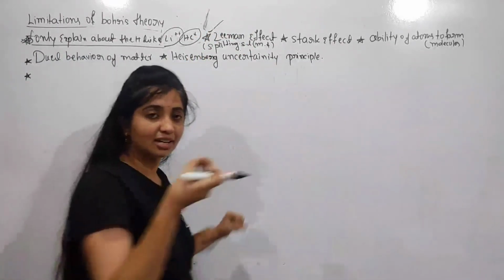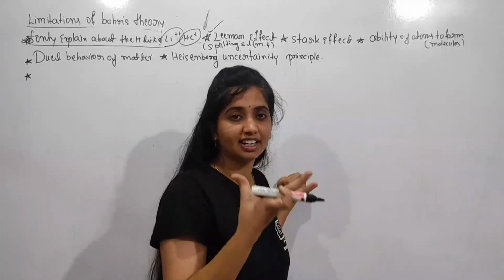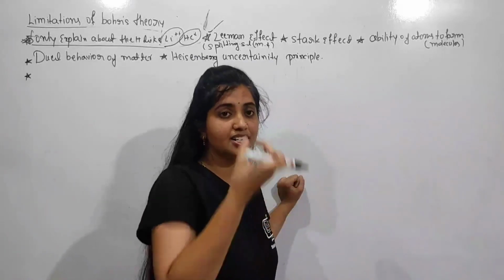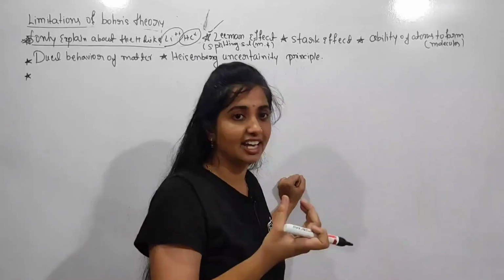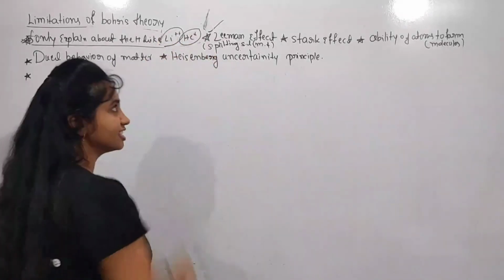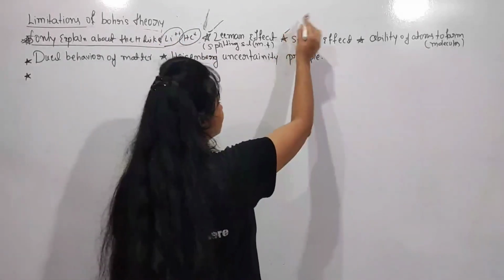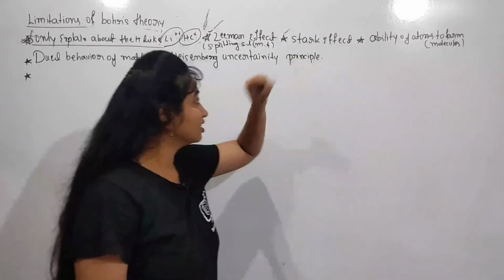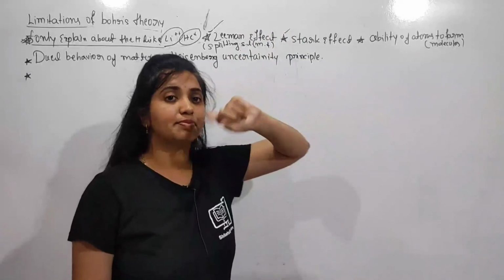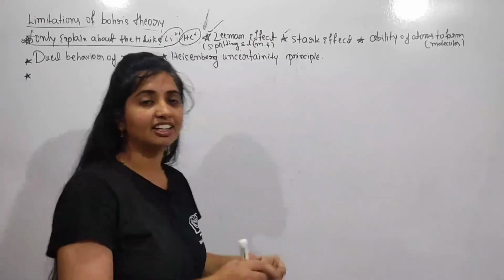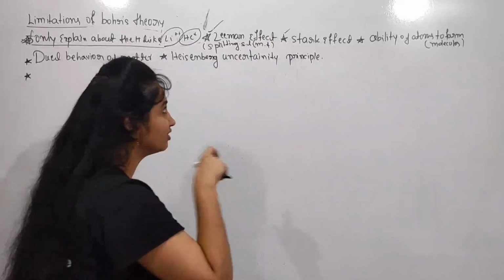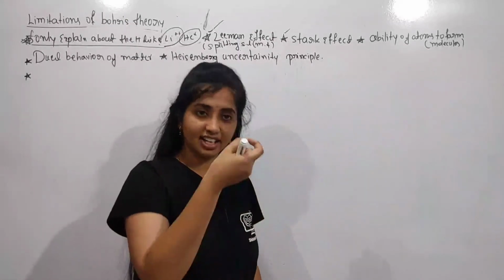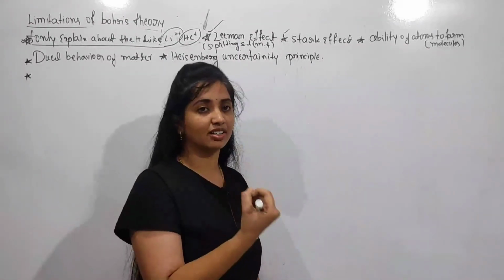So why do the spectral lines split in a magnetic field? What is the meaning of that splitting? He can't explain this in his theory, and he can't explain the Stark effect also. What is the meaning of the Stark effect? The splitting of spectral lines in an electric field. When we put the spectral lines in an electric field, then also they split.